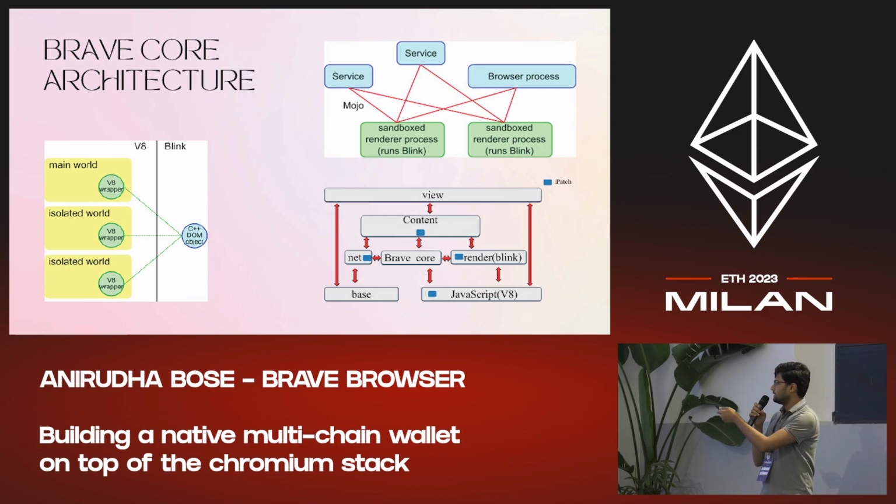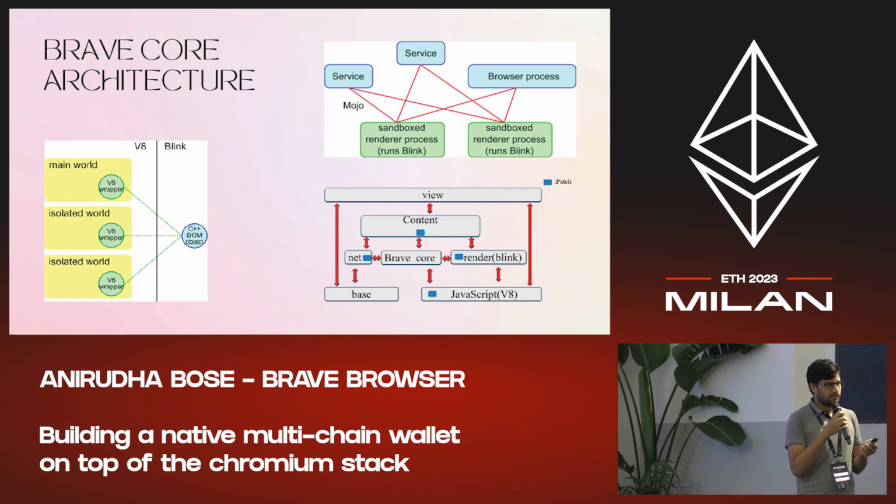So Brave Core is kind of sitting in the middle of all this, orchestrating stuff. Brave Wallet is just part of this Brave Core. So it is able to compute stuff, like talk to the RPCs, build your balances, create transactions, and it's able to pass it on to the renderer, which runs Blink.